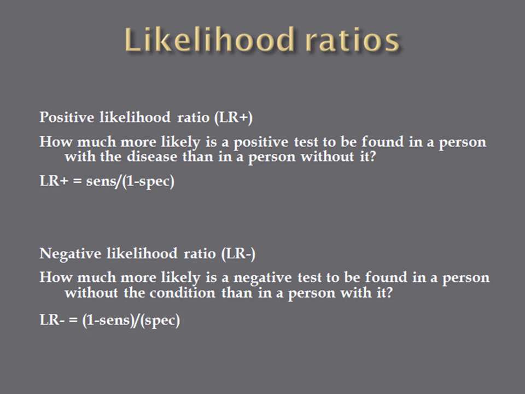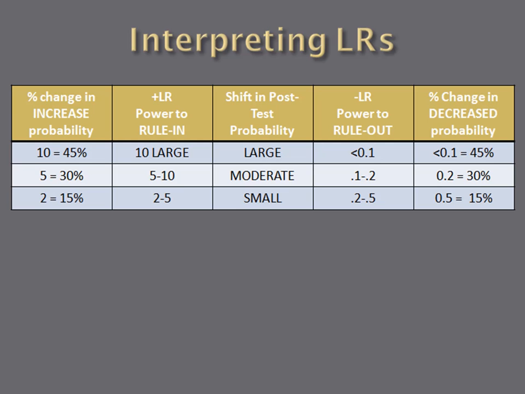When you look at likelihood ratios, the range determines the degree to which it influences the probability that the patient has the disorder. It may influence the probability in a small, moderate, or large way. This depends on whether it's positive or negative, but each has a value in determining whether the patient in fact has the disease or not. This is a table version of likelihood ratios, but a more helpful, usable version is a graphical version.